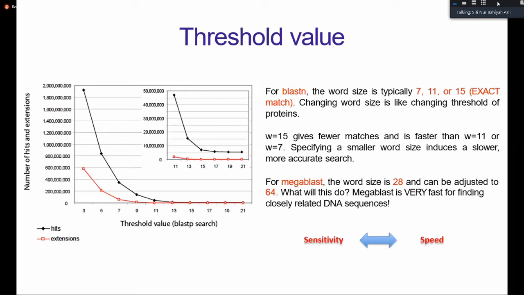Okay, for Mega BLAST, I don't know if you guys have heard of this before, but the word size is normally 28 and can be adjusted up to 64. What it does is that it is very fast for finding closely related DNA sequences. Okay, normally in published papers or journals, bioinformaticians or biologists will use Mega BLAST if they are dealing with environmental samples that are definitely not species specific.